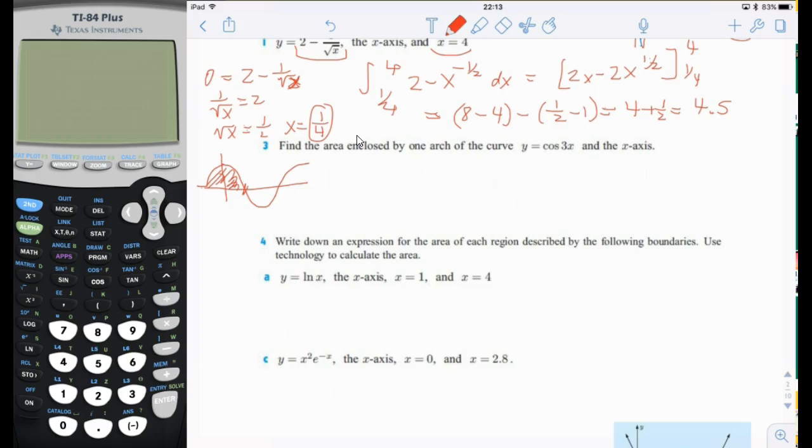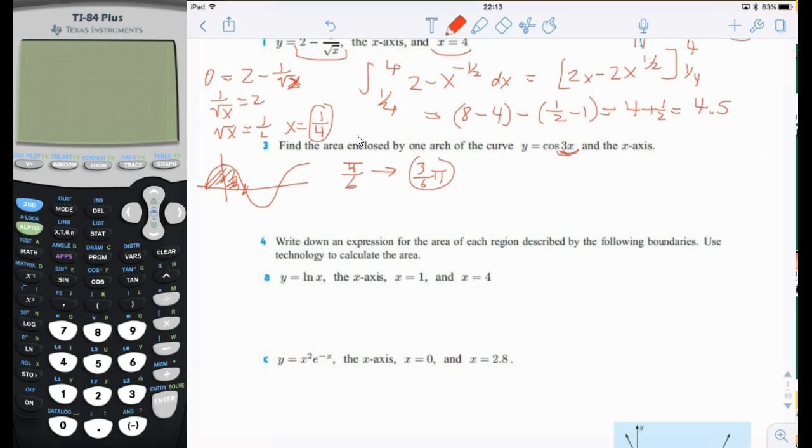But instead of being pi over 2, it's going to be something different because it's 3x instead of cosine x. So it's actually going to be something like pi over 6. When we put pi over 6 in here, the 3x is going to make it pi over 2.